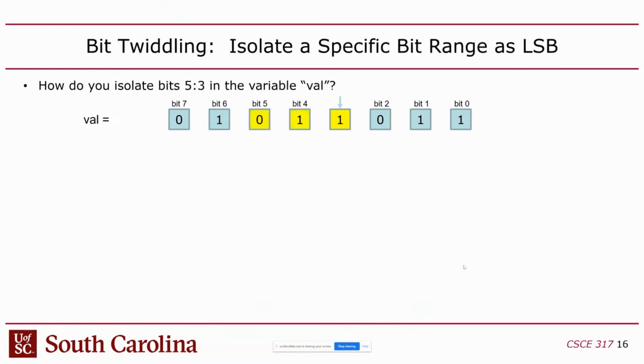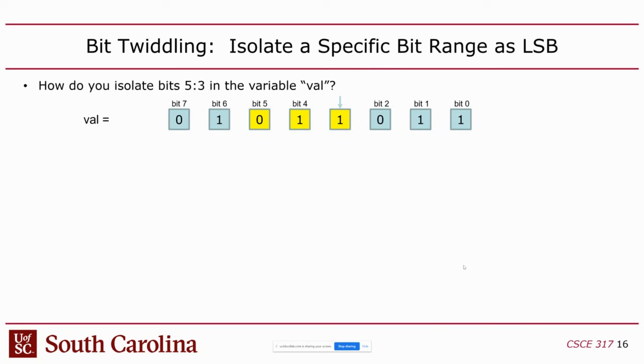Like, what if we want bits 5 down to 3, as we have with my example, the temperature? So in this case, we have bits 5 down to 3. Notice the notation I use, 5:3.